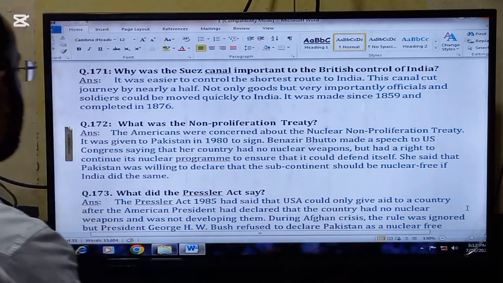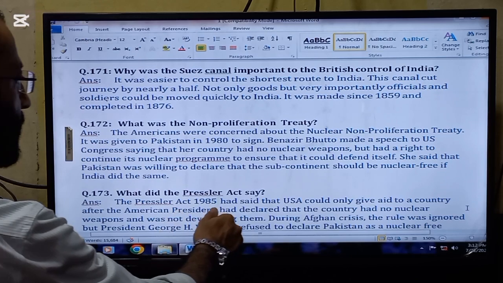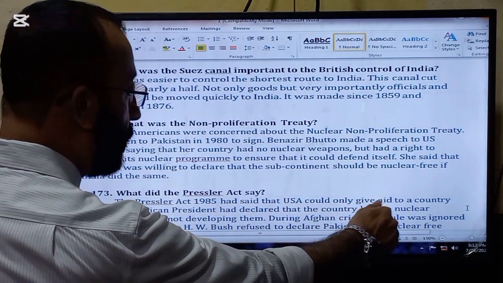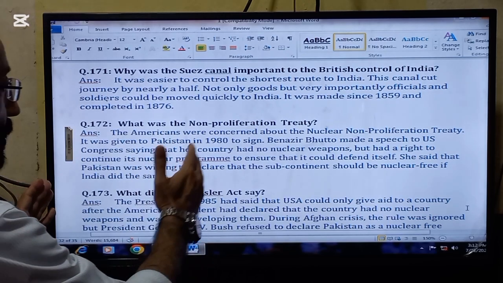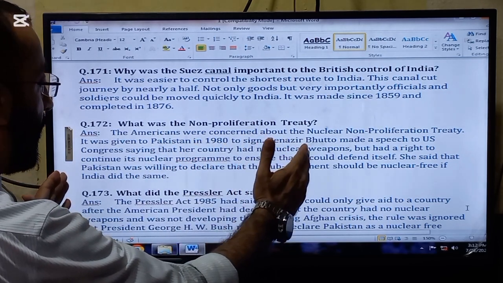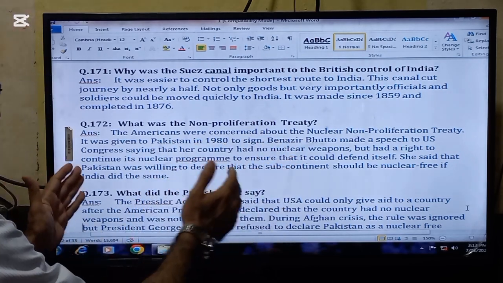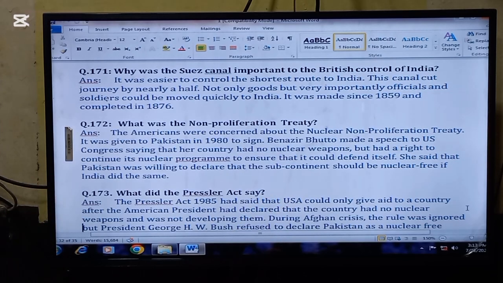She said that Pakistan was willing to declare that the subcontinent should be nuclear free if India did the same. So the Non-Proliferation Treaty is to prohibit countries from gaining nuclear weapons.